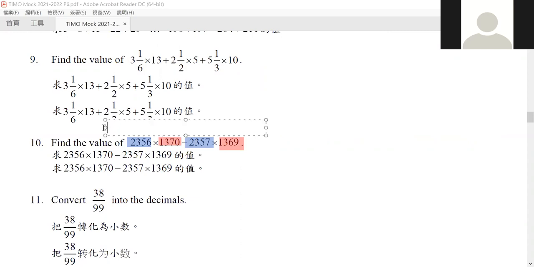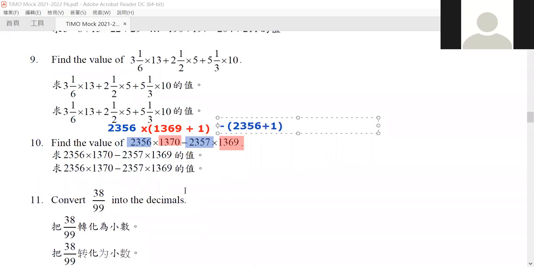So instead of writing this, let me write it in the following form. It will be 2356 multiplied by, instead of 1370, we write 1369 plus 1. And the second part, instead of writing 1357, we write 2356 plus 1, and then we multiply it by 1369.